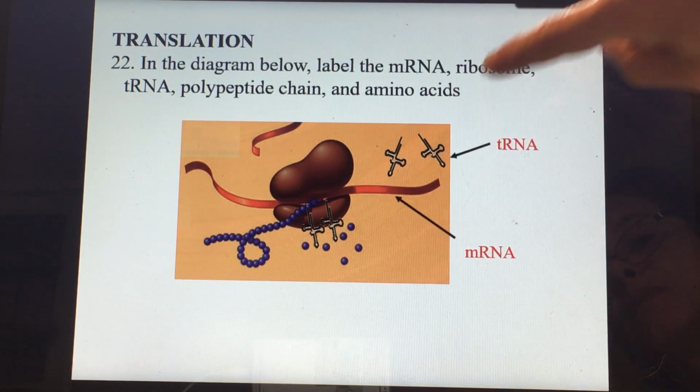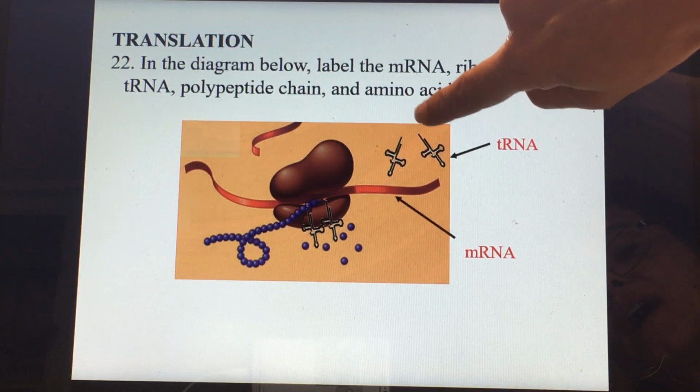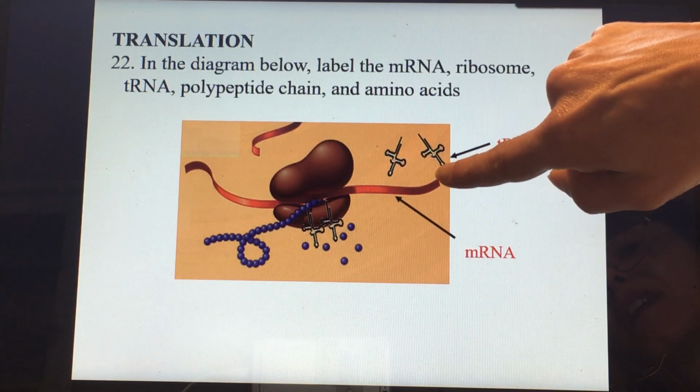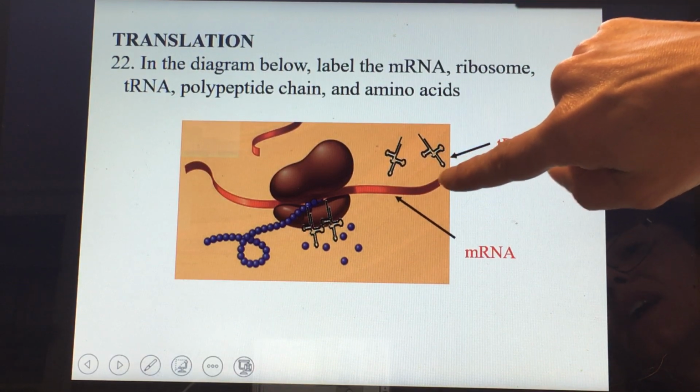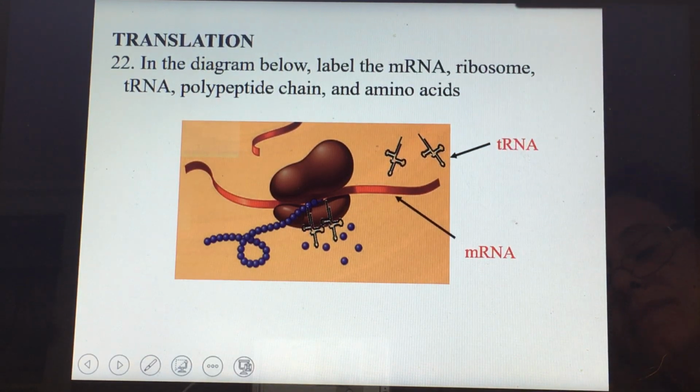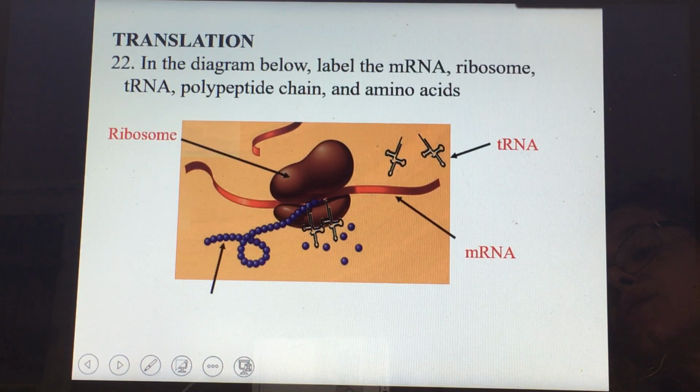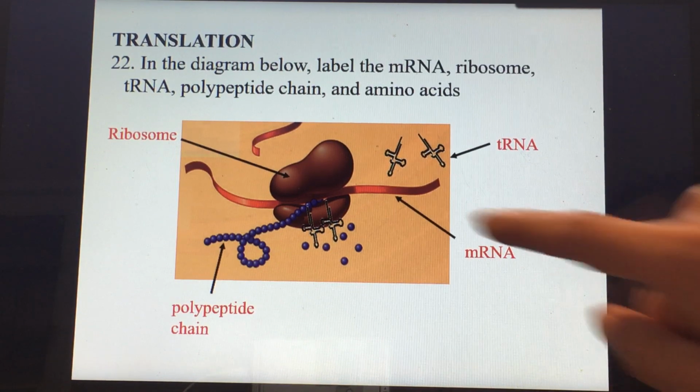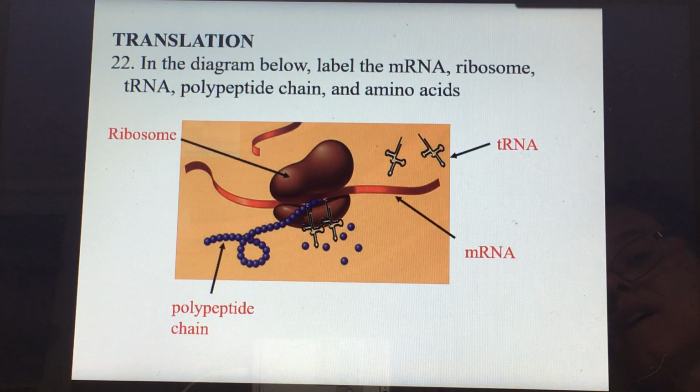Now, it's not in this picture, but on this end there would be an amino acid, a very specific amino acid, and on this end there would be an anticodon. That organelle is the ribosome. That long strand of purple beads in this diagram is representing a polypeptide chain. And those individual monomers, the little purple spheres, those are amino acids.